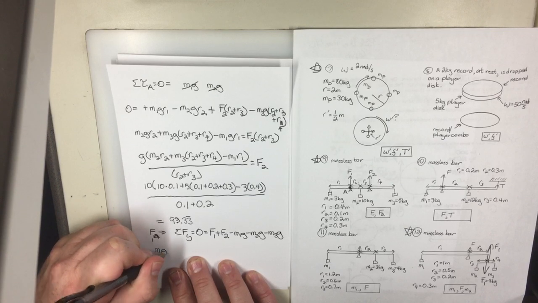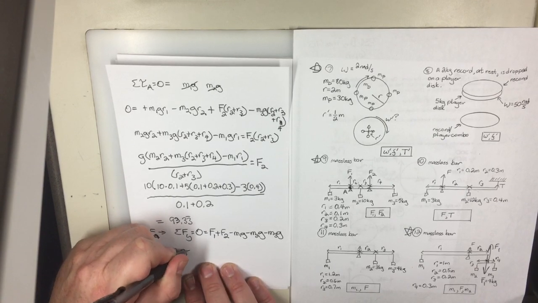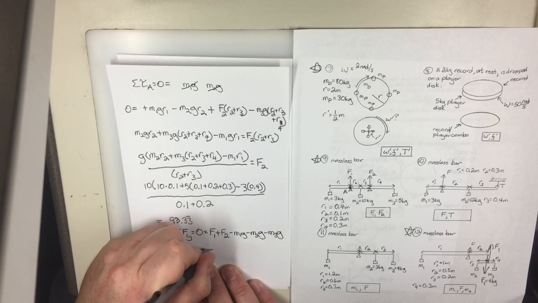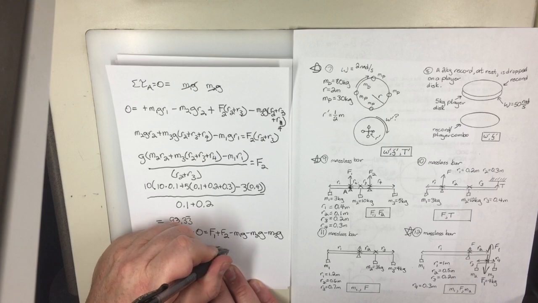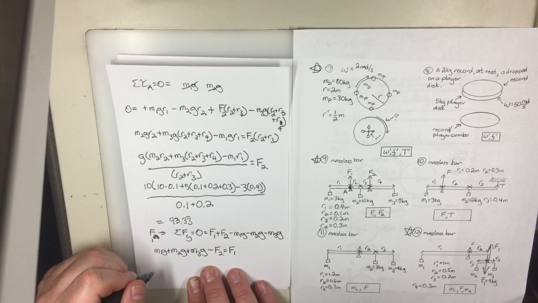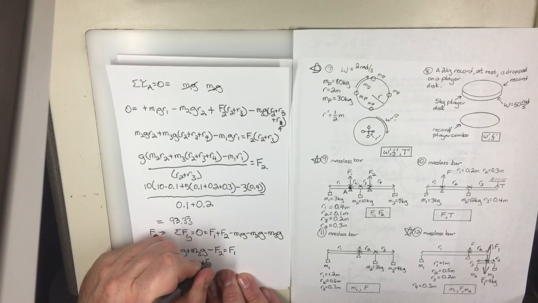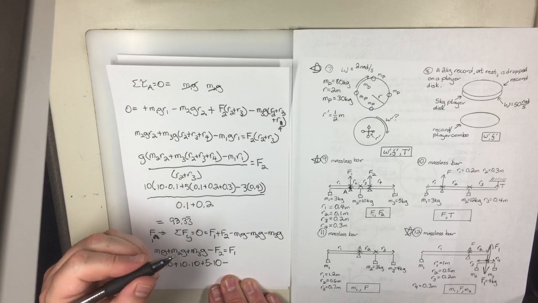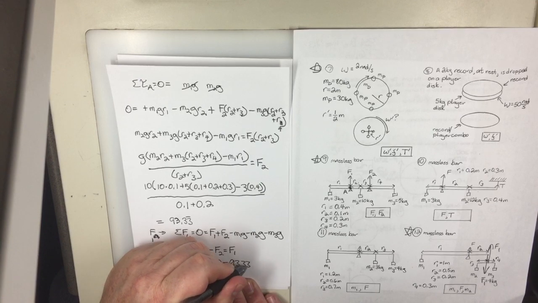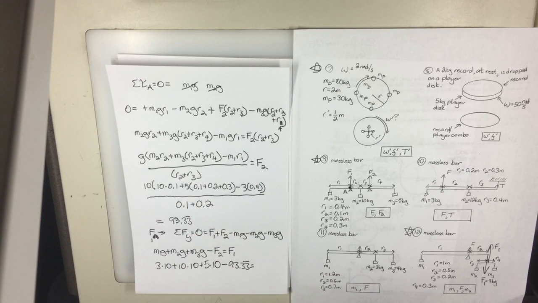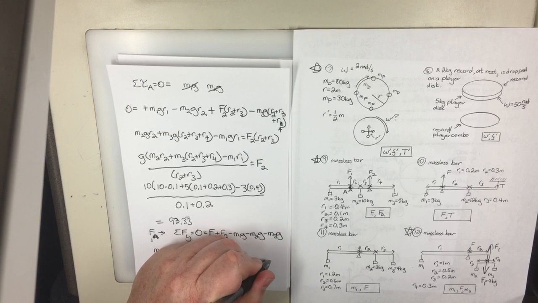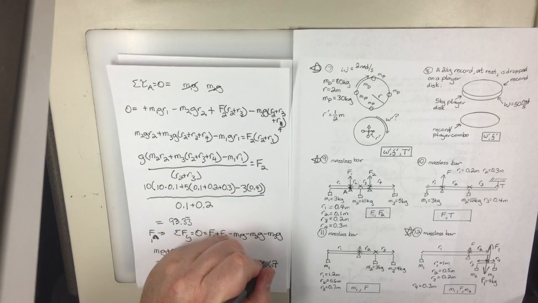So M1G plus this, plus that, is 3 times 10 plus 10 times 10 plus 5 times 10 minus F2, 93.33 repeating, gives us 86.67, or 66 repeating.